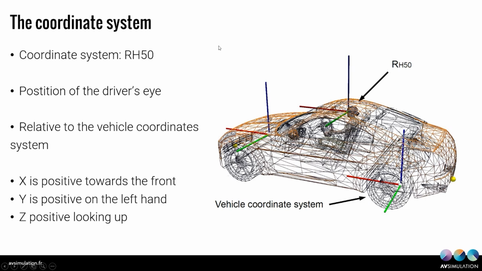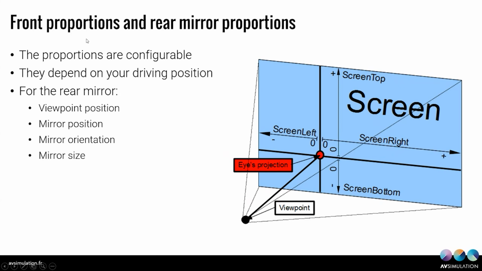The other thing I wanted to talk to you about is the front proportions and the rear mirror proportions of the visual renderer. These proportions are totally configurable, and they depend on your driving position.